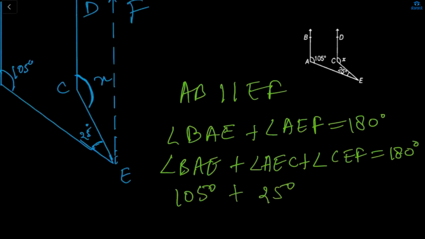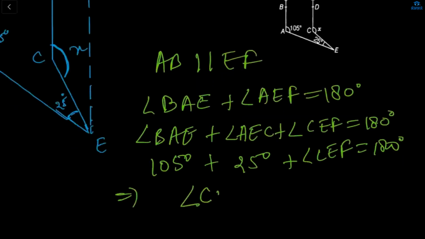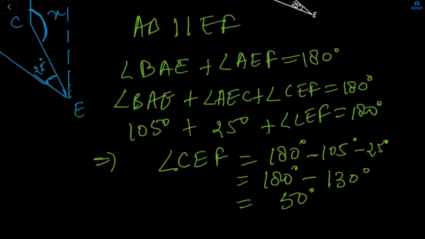This is not given, angle CEF. So angle CEF will be equal to 180 degree minus 105 degree minus 25 degree, which is minus 130 degree. So angle CEF will be 50 degree.